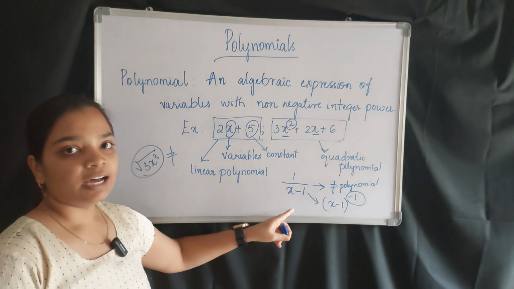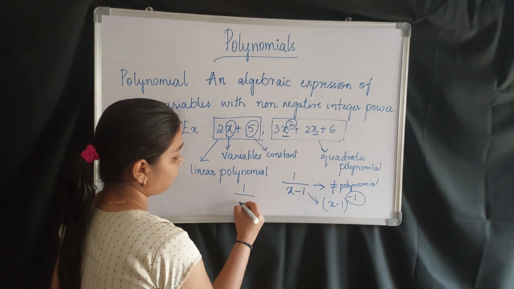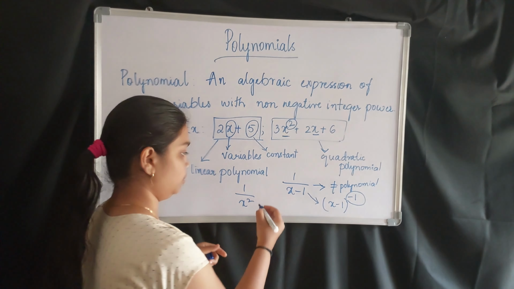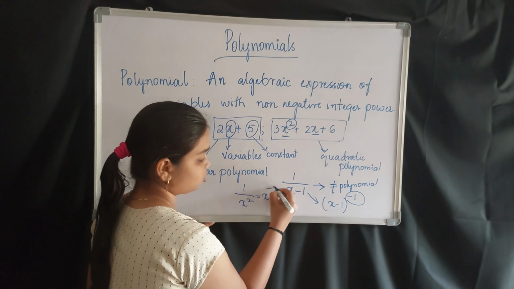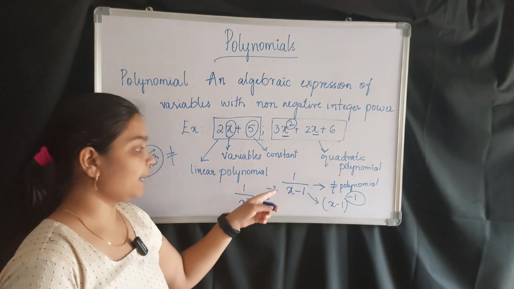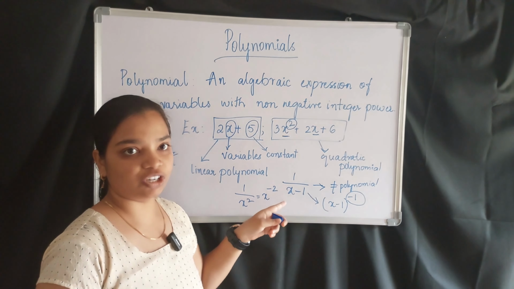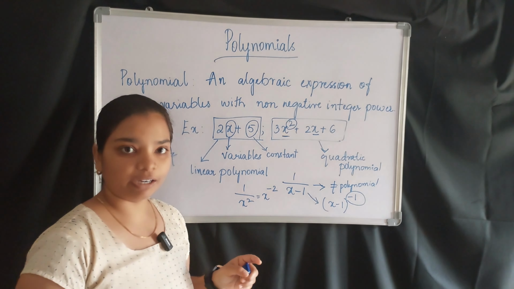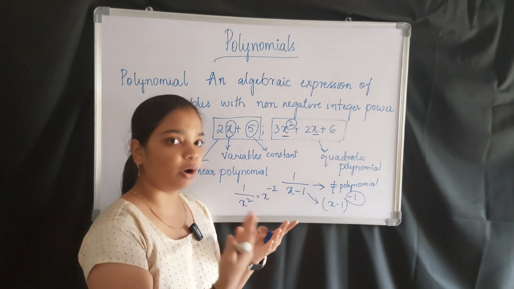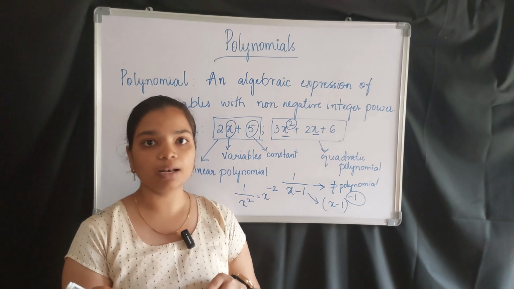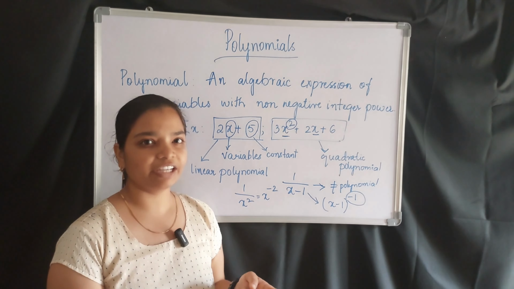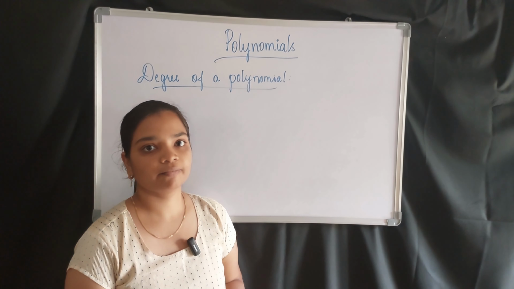If we see 1 by x square, this is also not a polynomial because I can write it as x to the power minus 2, a negative integer power. That means this is not a polynomial. Hope you have understood how to classify a polynomial and a non-polynomial. Moving on with types of polynomial and degree of polynomial now.